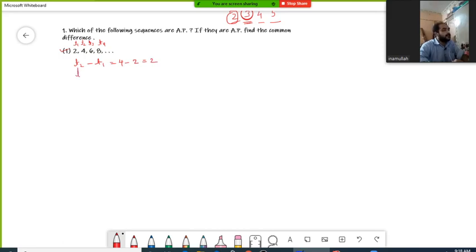Same way T3 minus T2. I am subtracting my second term from the third term. So T3 is 6 and my second term is 4. So I'll get 2. Then I'll take T4 minus T3. My fourth term is 8 and my third term is 6. So 8 minus 6 is 2.